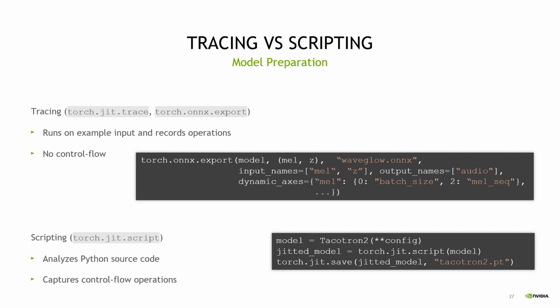But in the cases where we have models that use some control flow, we are better off using scripting. In this code snippet, you can see an example of export calls. Here we have, for example, a WaveGlow model that is exported to ONNX, and a Tacotron model that is exported to TorchScript.